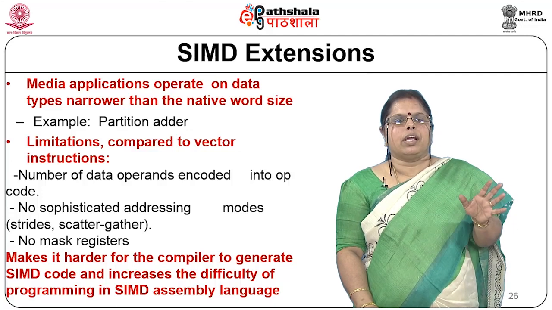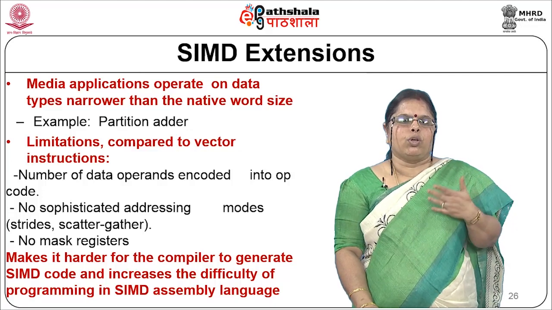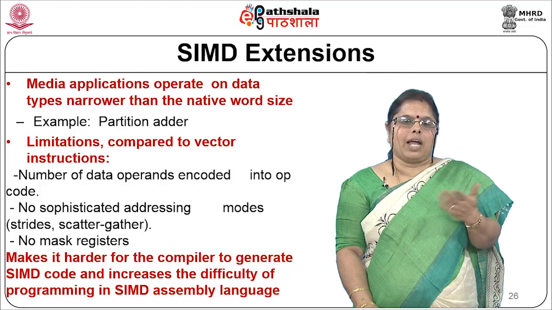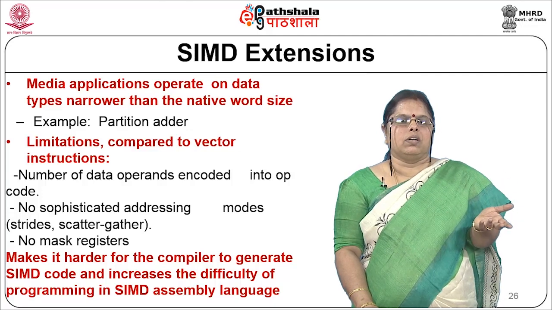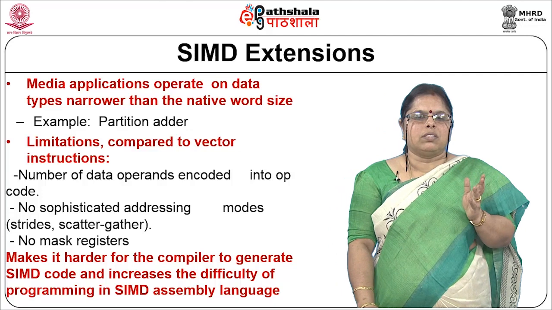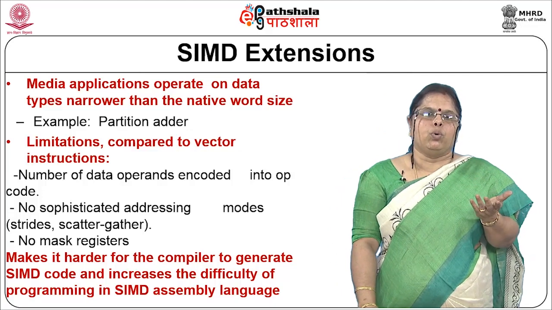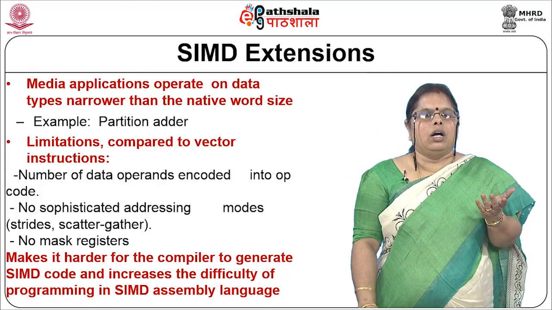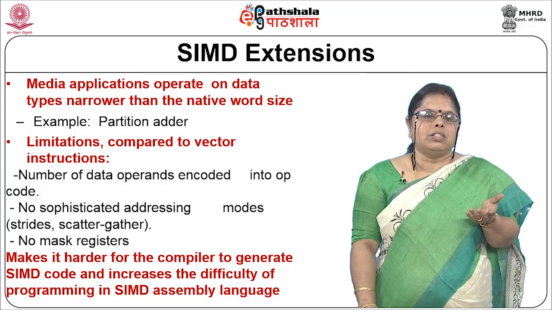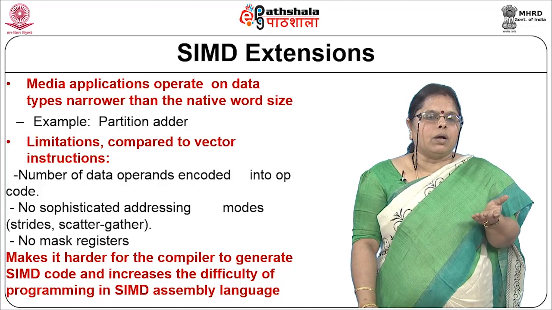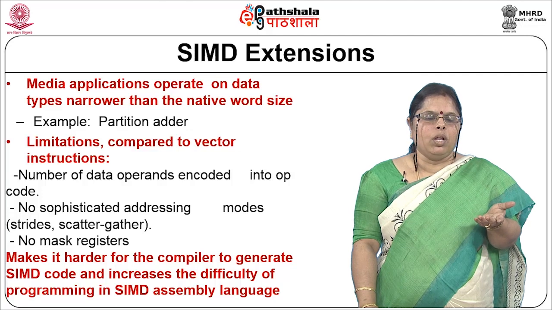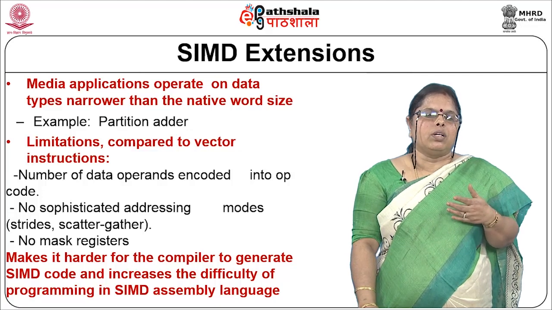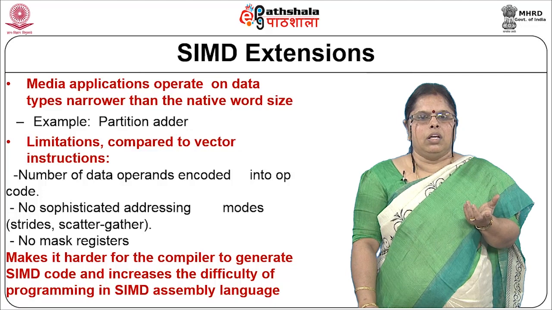There are no sophisticated addressing modes to support different stride lengths or scatter gather operations like what we discussed earlier. There are no mask registers which are normally supported, which would help you do conditional execution. With such extensions, it makes it harder for the compiler to generate the SIMD code, and it also increases the difficulty of programming in SIMD assembly language.